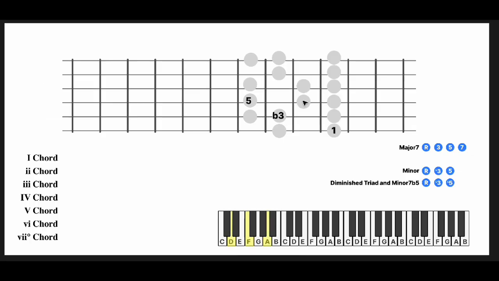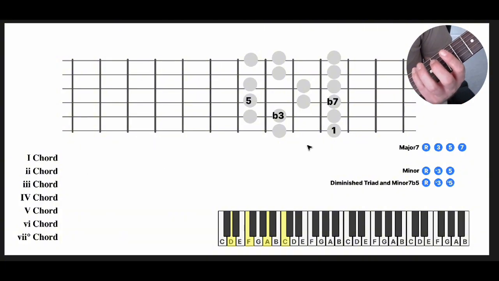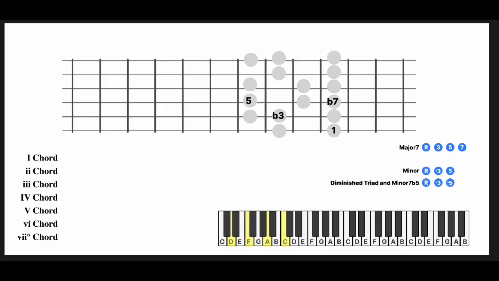The 2 chord, we skip a note and add this, and that interval related to the root would be a flat 7. And if we go to our minor chord and add a flat 7, this is how you spell a minor 7 chord.